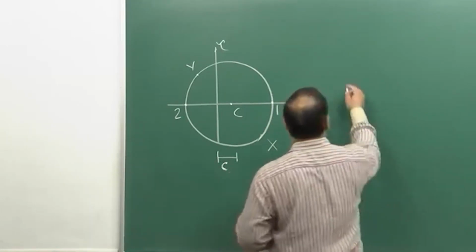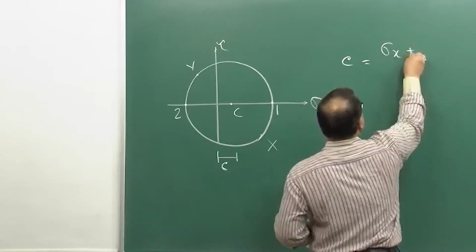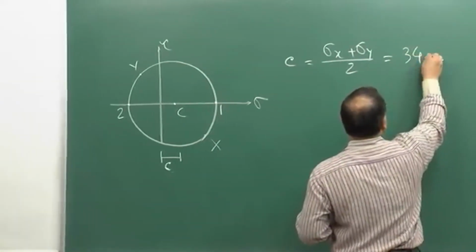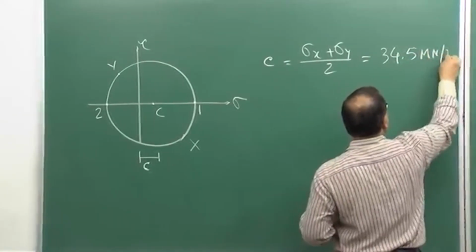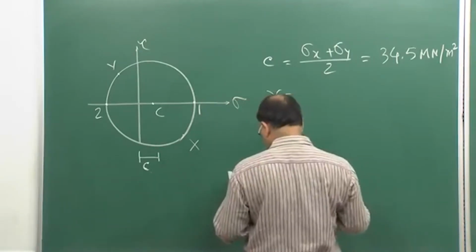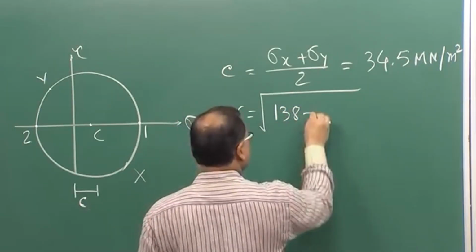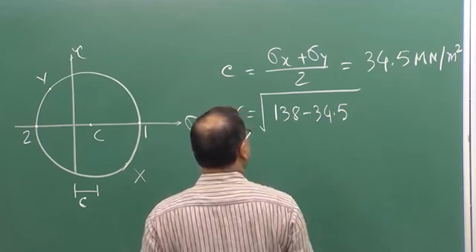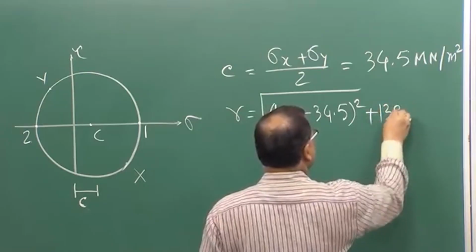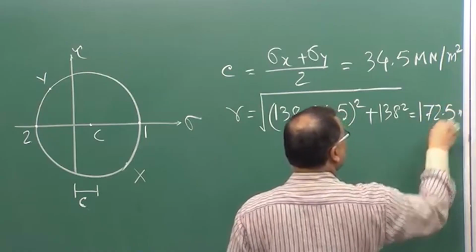For that, first you find the C value, that is sigma x plus sigma y by 2, which comes as 34.5 meganewton per meter square. Similarly, R can be calculated as the square root of 138 minus 34.5 whole square plus 138 square, which comes as 172.5 meganewton per meter square.